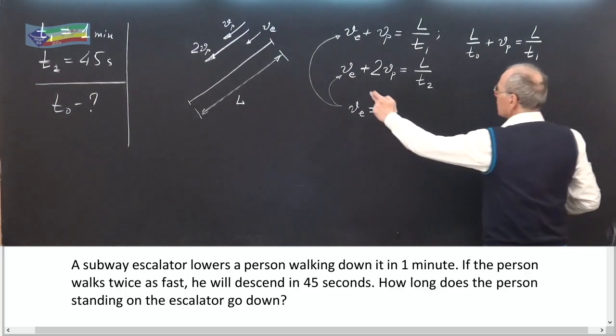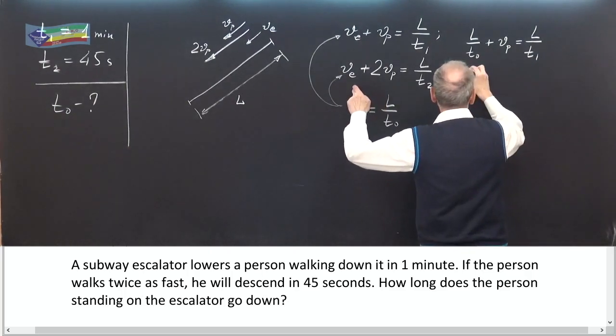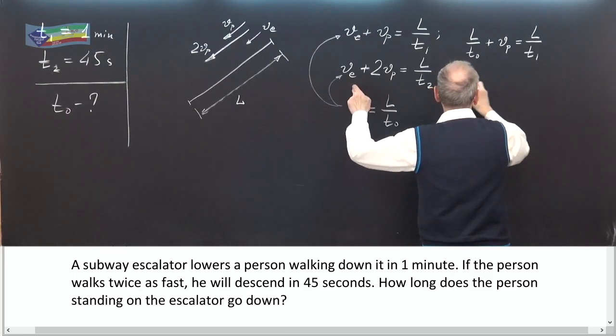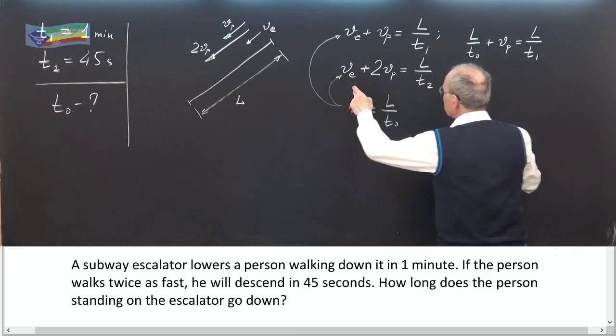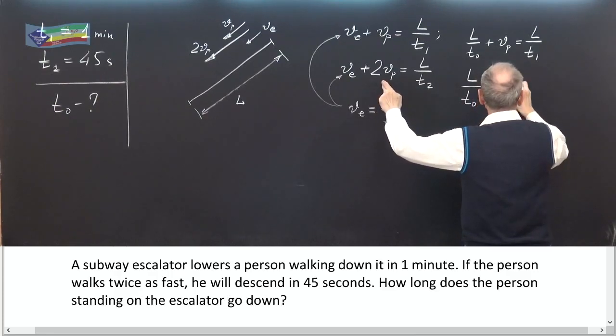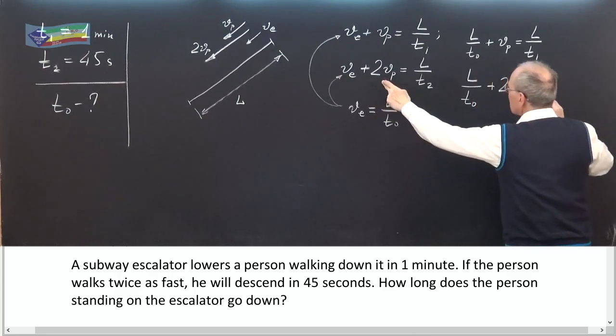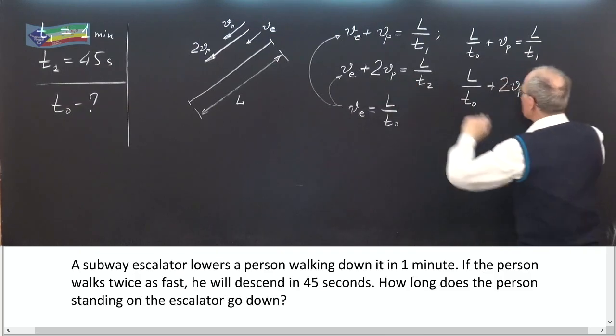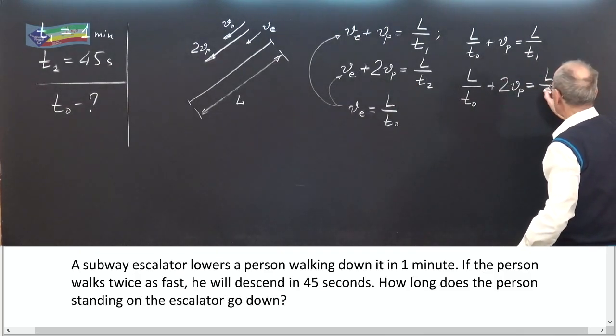For the second case, L over T0 plus twice Vp equals L over T2.